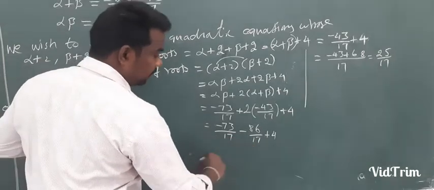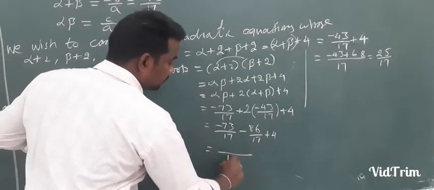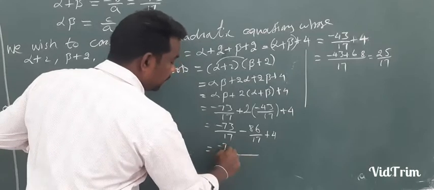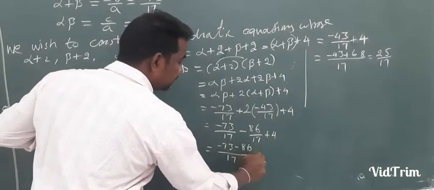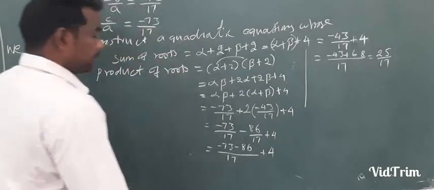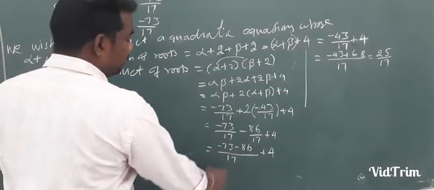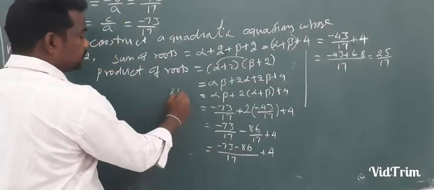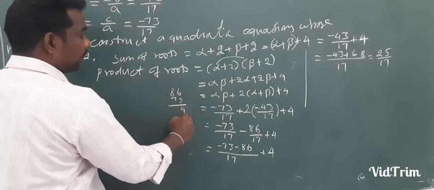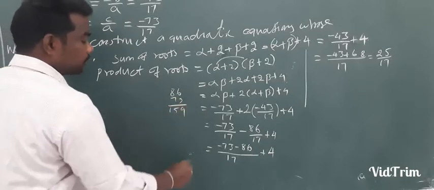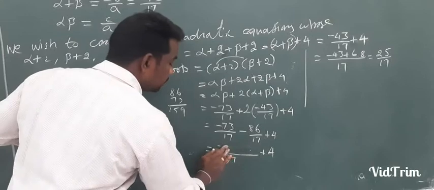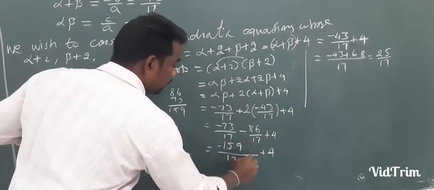Then we can add the two numbers: 17, minus 73 minus 86 plus 4. Can you guess what number will come? Minus 73 minus 86, you add: 9, 14, 15. So the answer is minus 159 plus 4.